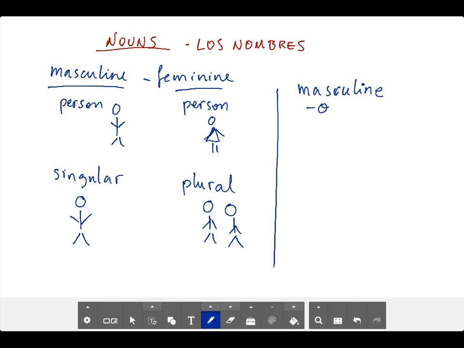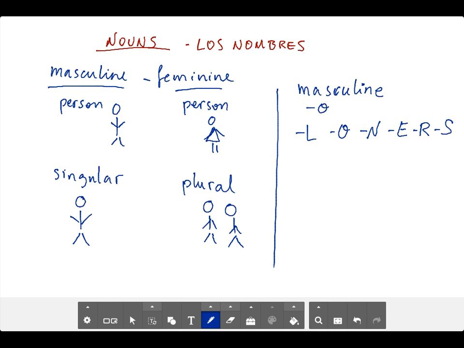The word that helps you identify if a word is masculine is when it ends in an L, an O, like I mentioned, an N, an E, an R, or an S. Most of the time, about 90-something% of the time, masculine nouns follow this rule.